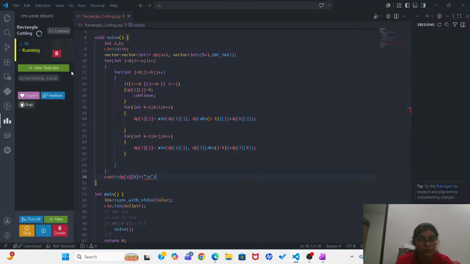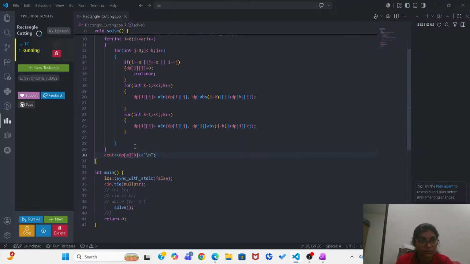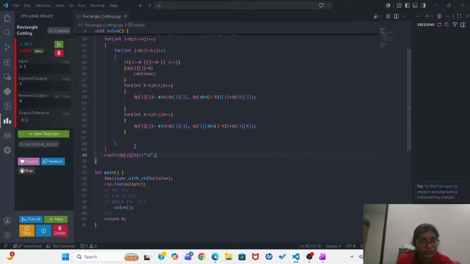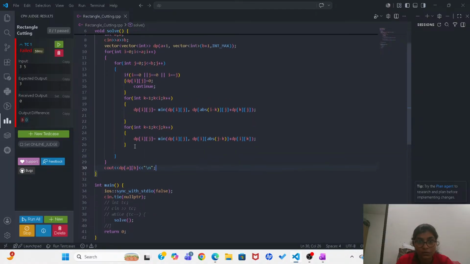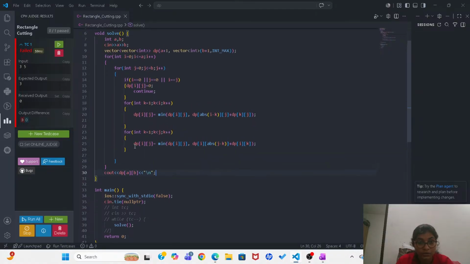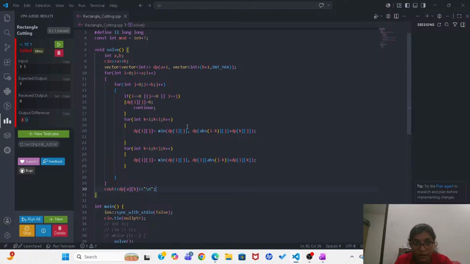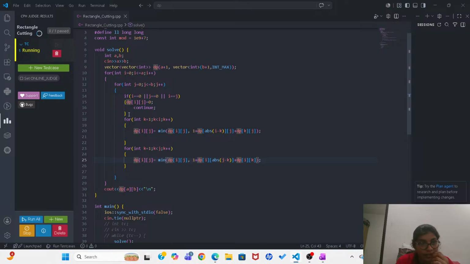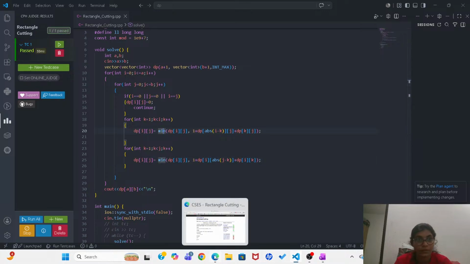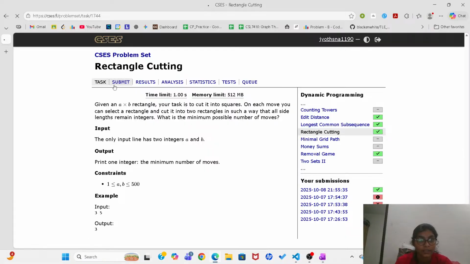Let's check. That should work, but this didn't. Array, yaar. 1 minus. You have to add one. Yeah, it works. Let's submit.